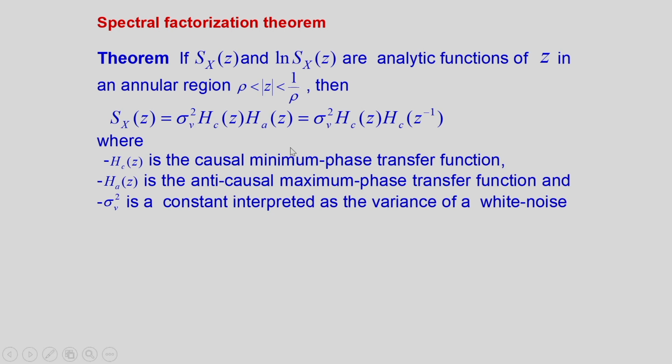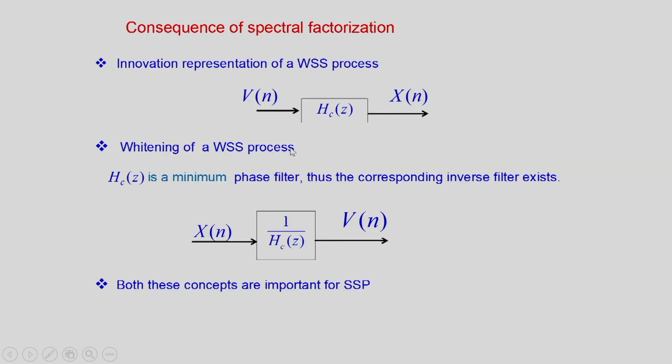So, this is the statement. What is the consequence of this? Because the power spectral density Sx(z) is sigma v square into Hc(z) into Hc(z inverse), we can write Xn as the output of a linear time invariant filter or system with input as the white noise Vn.